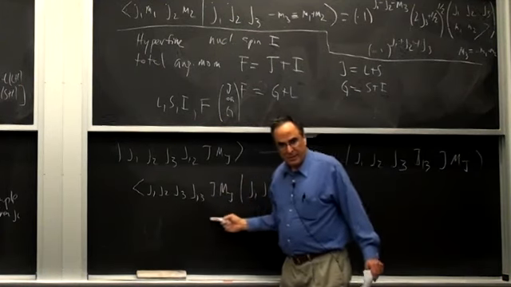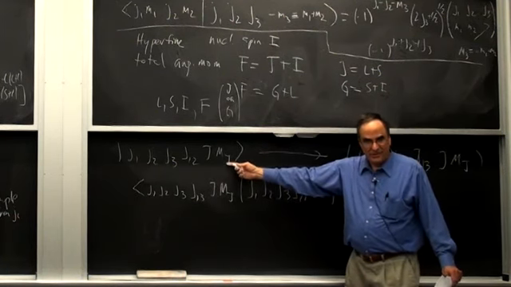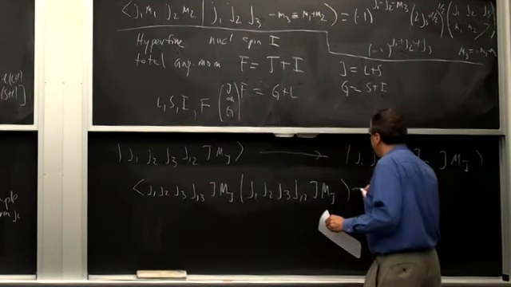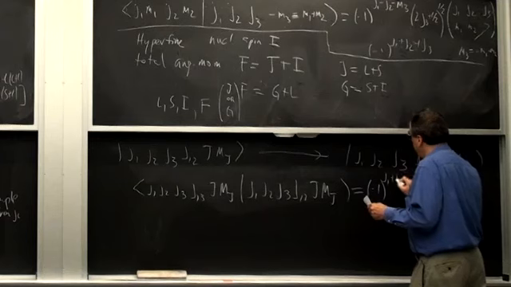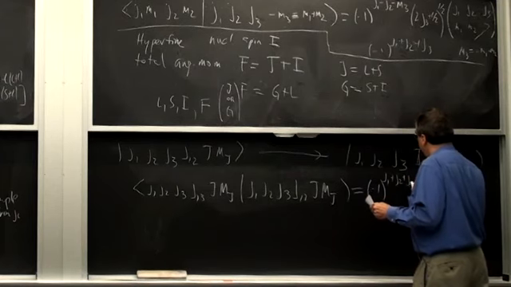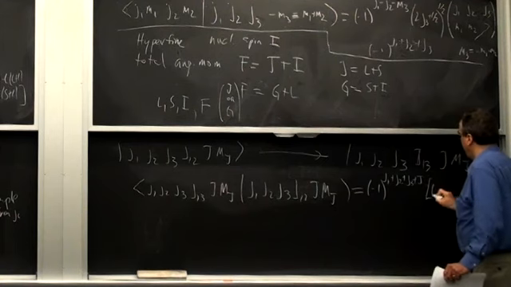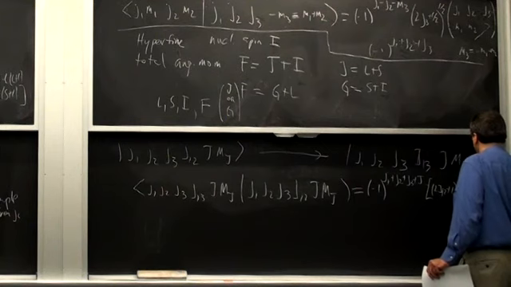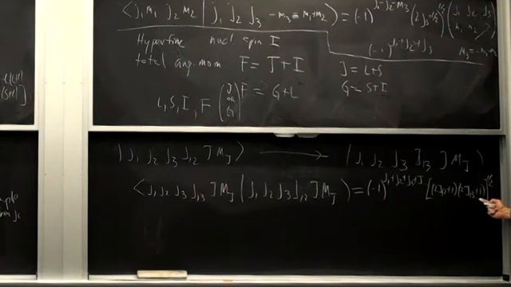If you wrote this out in the form of a completeness expression, the coefficient you would want is this. And that coefficient has the value -1 to the J1 plus J2 plus J3 plus J, all of the things that are being conserved, times the square root of 2J12 plus 1 times 2J13 plus 1, the 2 things that are being exchanged.